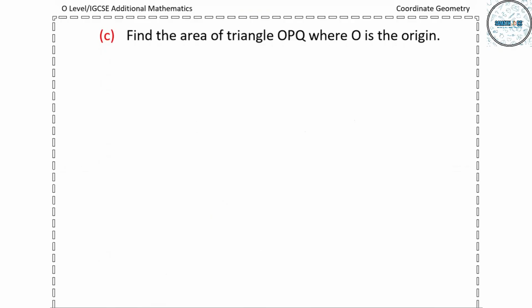Find the area of triangle OPQ, where O is the origin. As we know, the coordinates of P are minus 3 upon 2 comma 0. It is on the x-axis, and Q is 0 comma 9 upon 4, which is on the y-axis. And O is the origin.